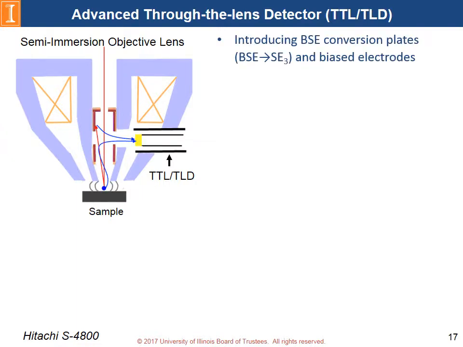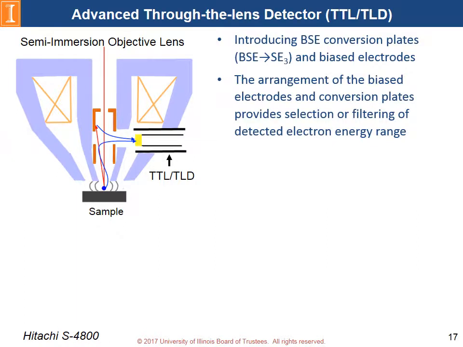This is done by adding BSE conversion plates and secondary electron control electrodes inside the objective lens. The BSE conversion plates are designed to convert BSE to SE3.